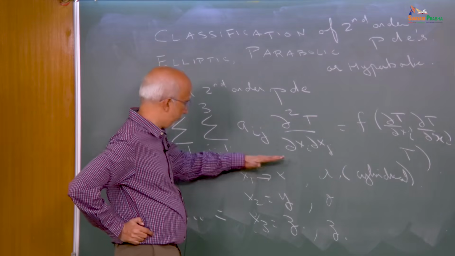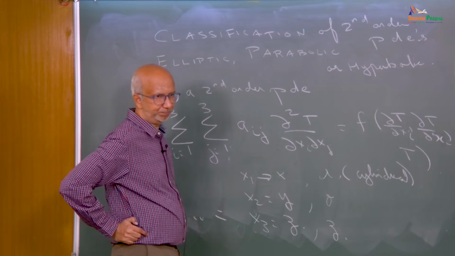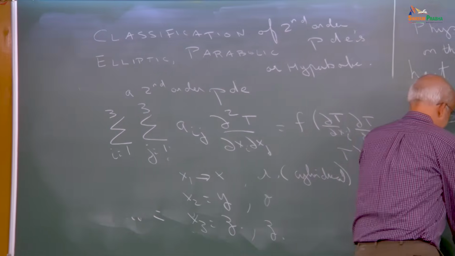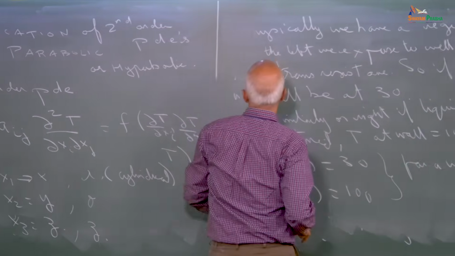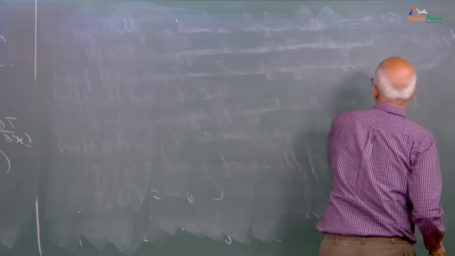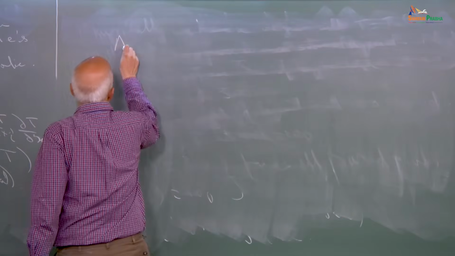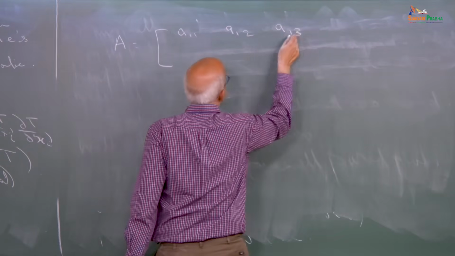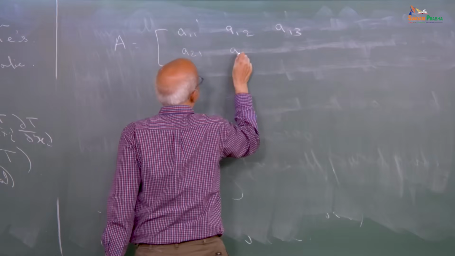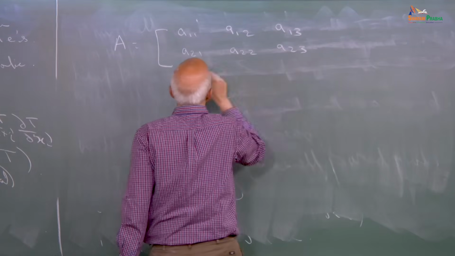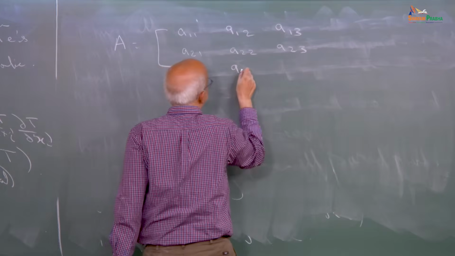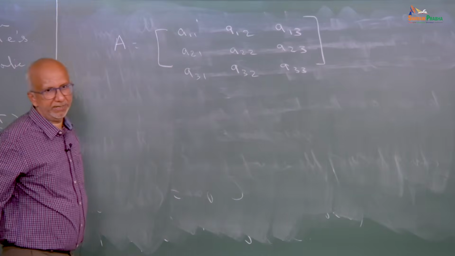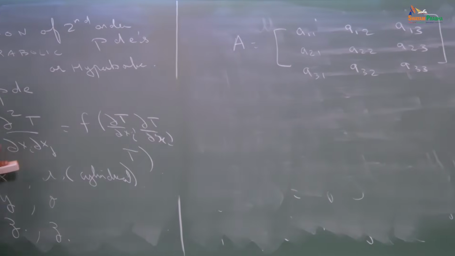I am going to focus only on the left hand side, and I am going to look at this matrix A, which has elements A11, A12, A13, and so on. What are these? These are the coefficients which are sitting here.